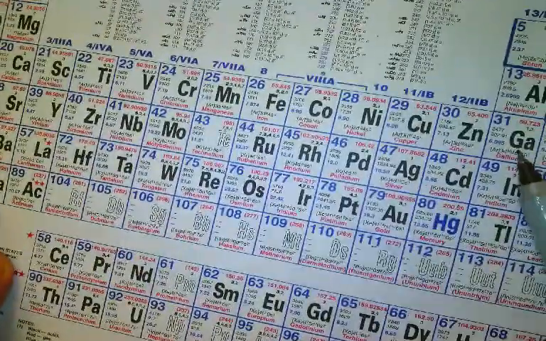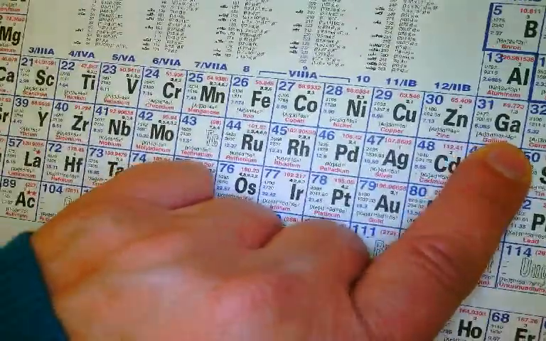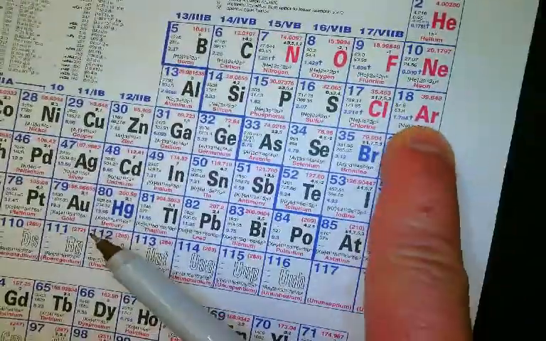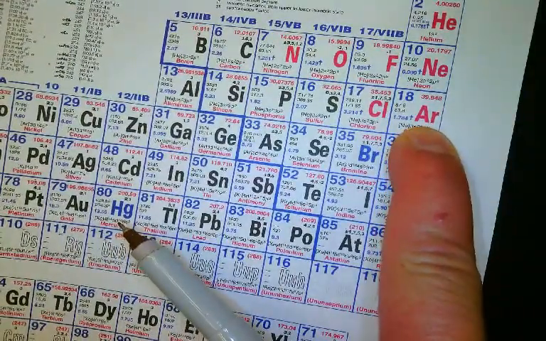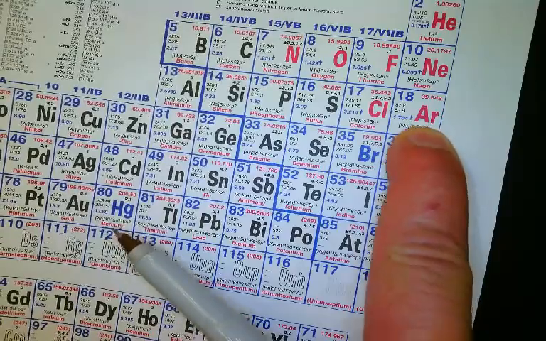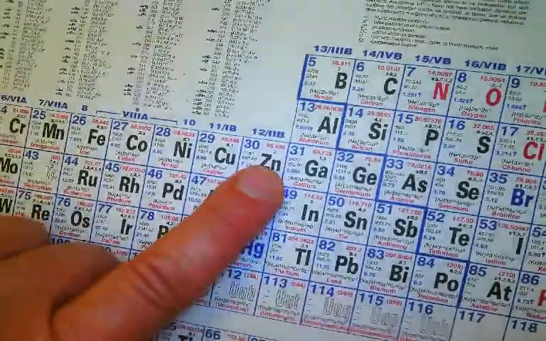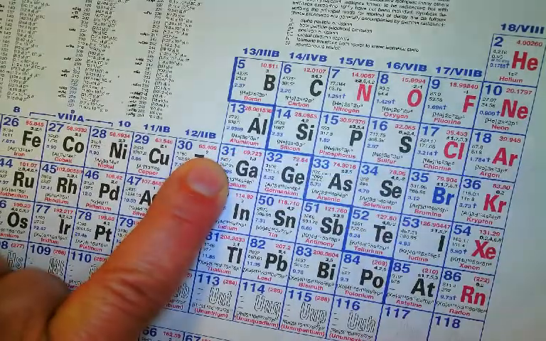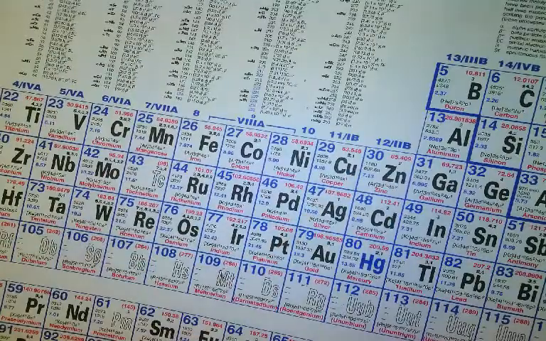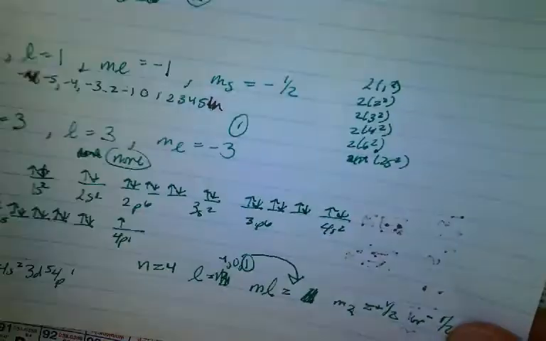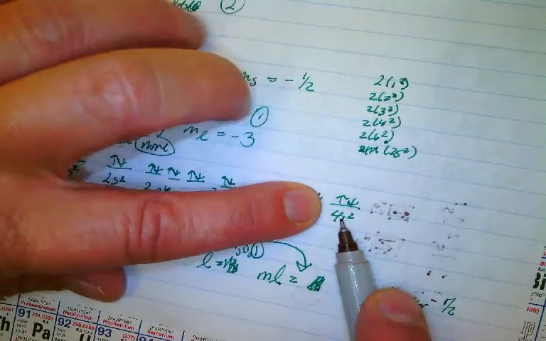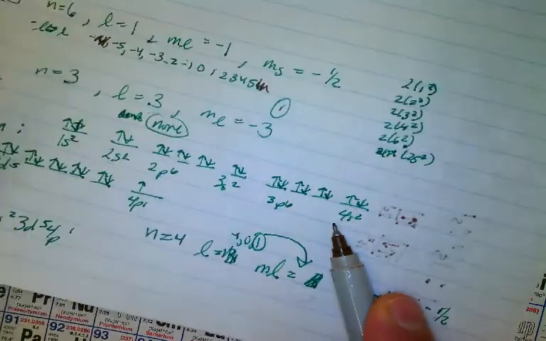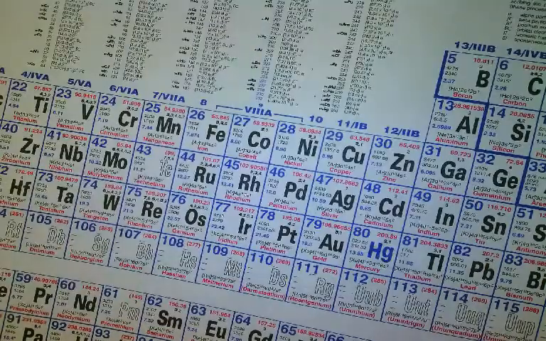So we're in gallium. Go to the noble gas before it. So you go back. The noble gas before it is argon. Okay. So then you put argon in brackets, and you take 31 minus 18. And that is how many electrons I need to place. Where do I start here? I start with the energy level that the element's in.